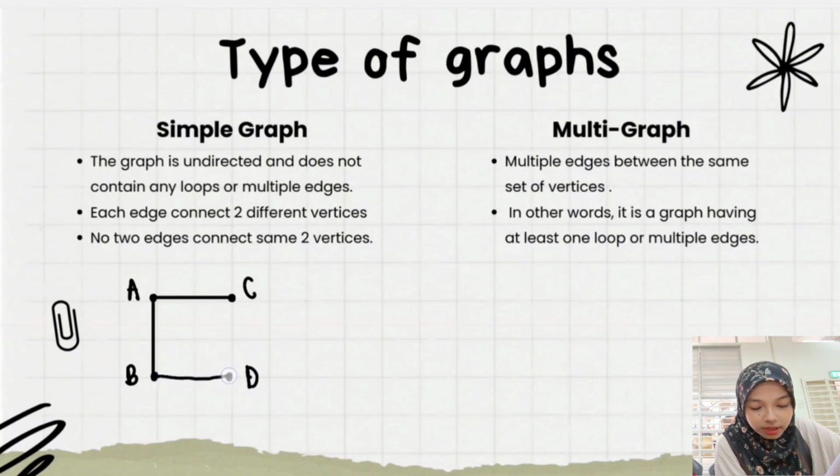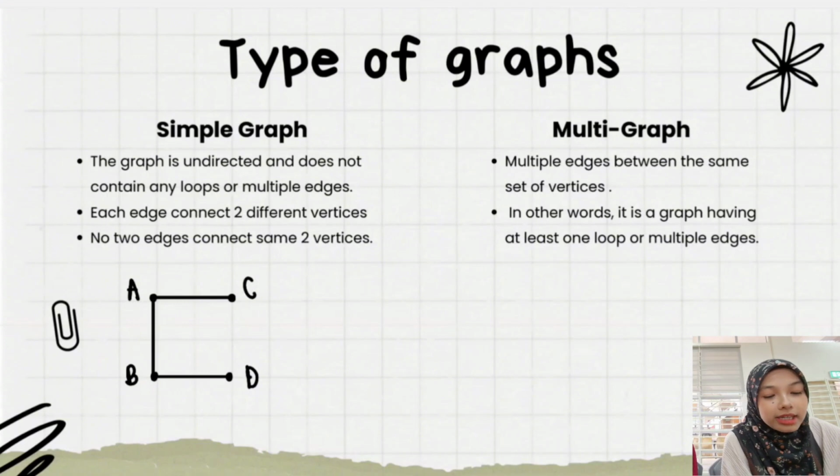Same goes for B. And no two edges connect the same two vertices, so I cannot do C to B. So this is not a simple graph.